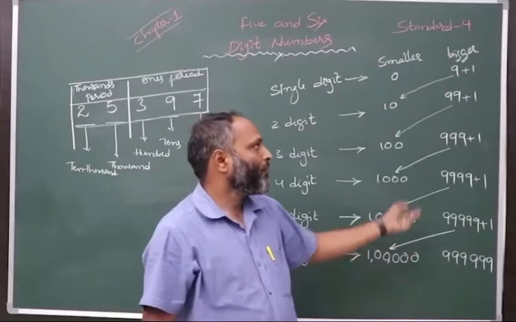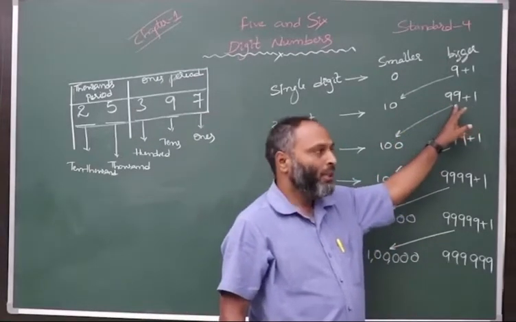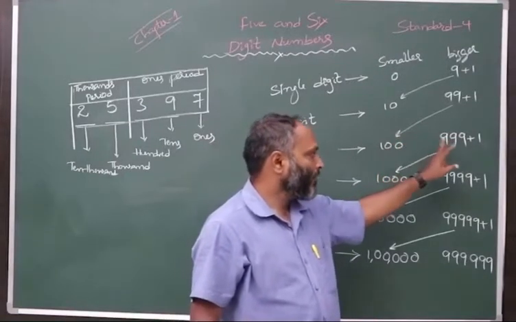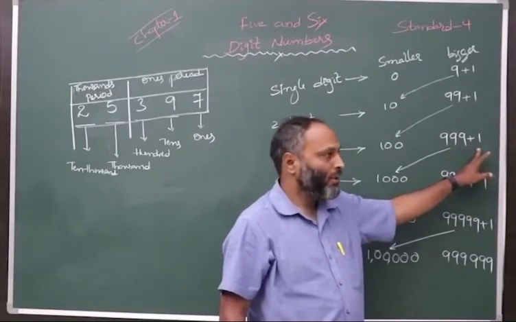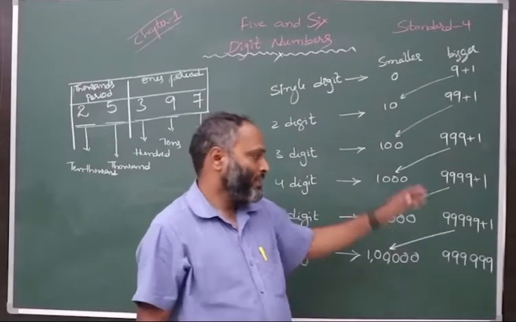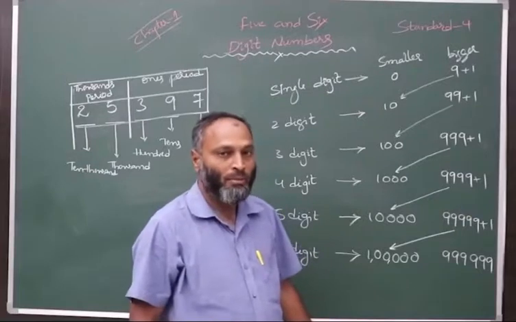In the same way, adding 1 to the bigger number of double digit gives the smaller number of three digit, then four digit, five digit and six digit.